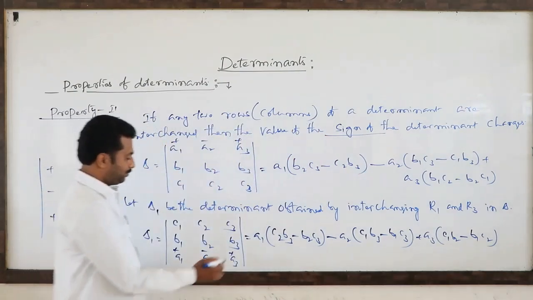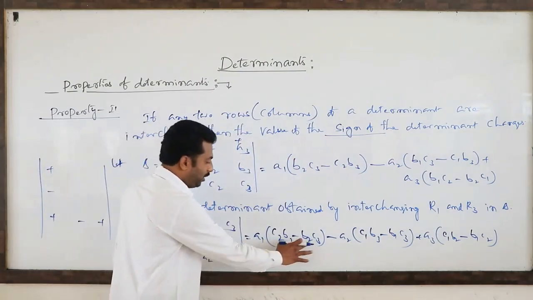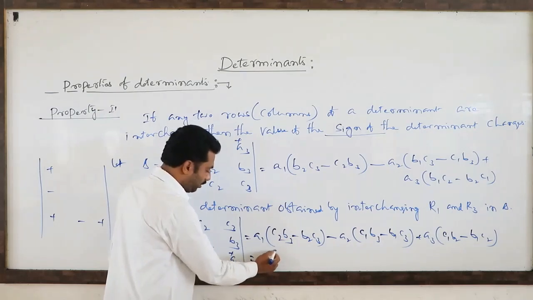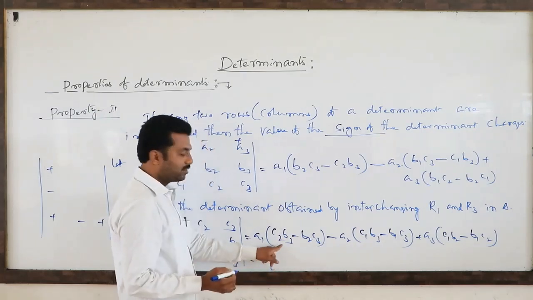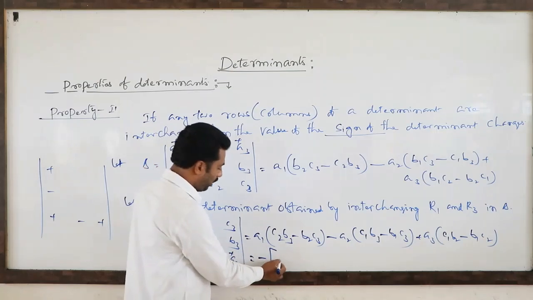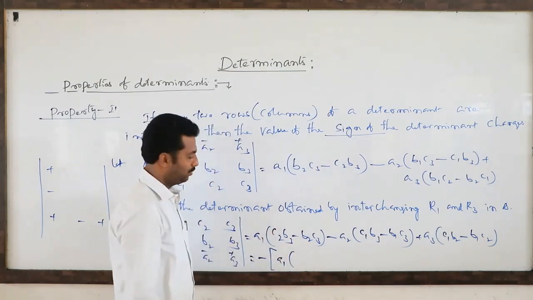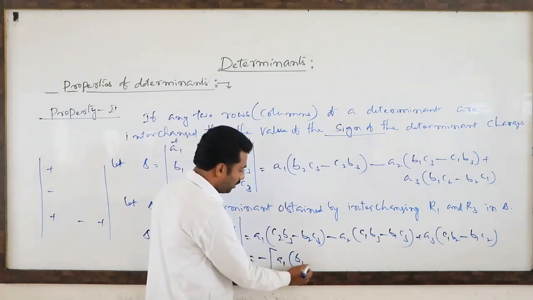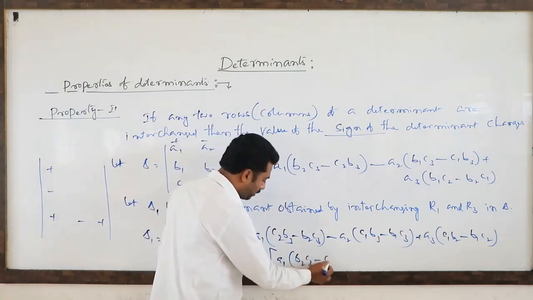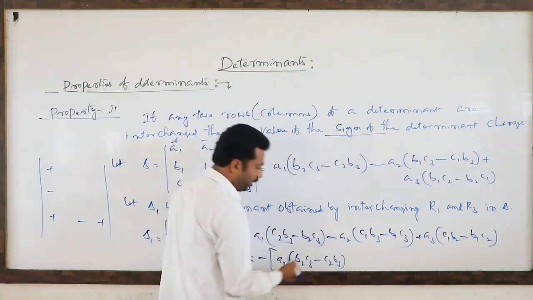Now you observe, from this if I take minus common, what do I have to write? A1 into, we have to interchange these two: (B2 C3 minus C2 B3).